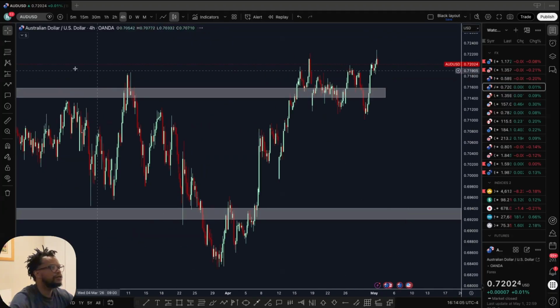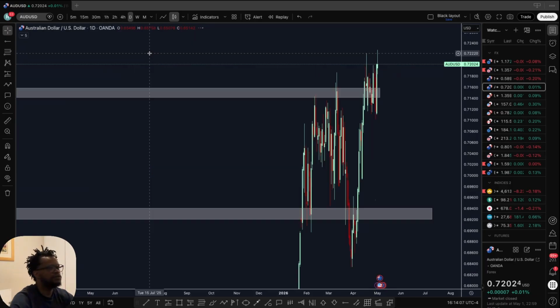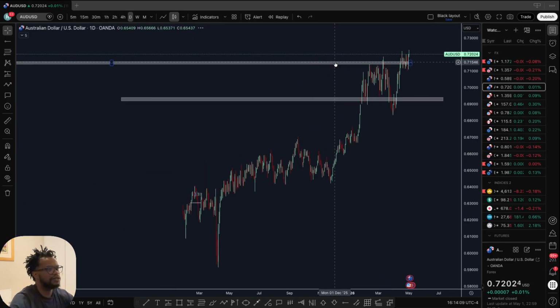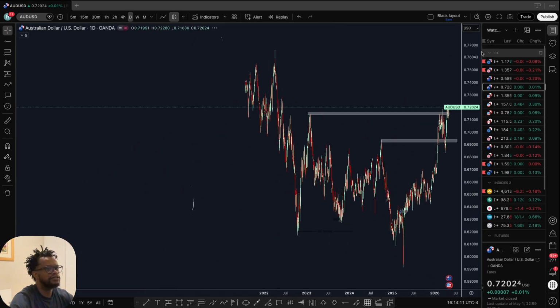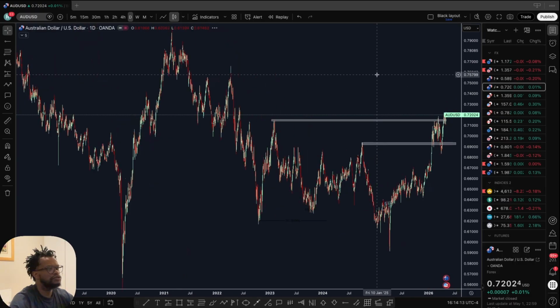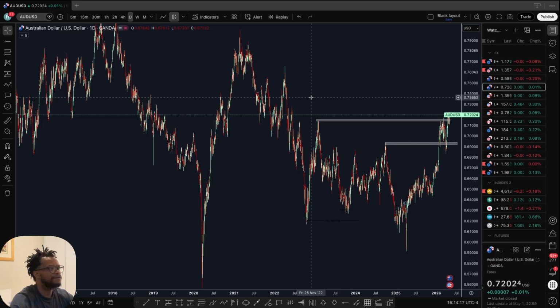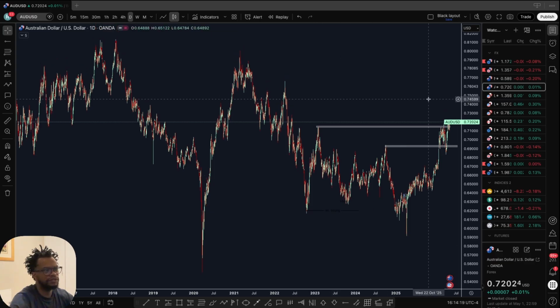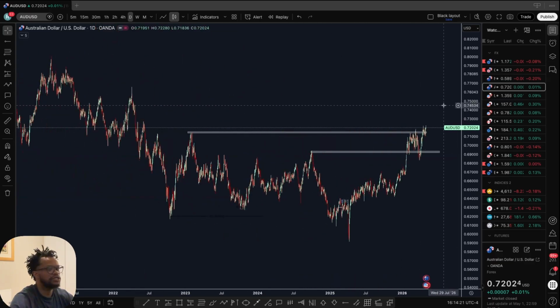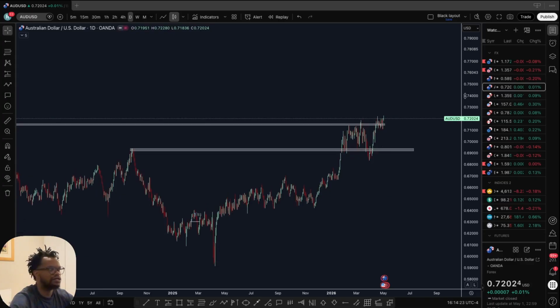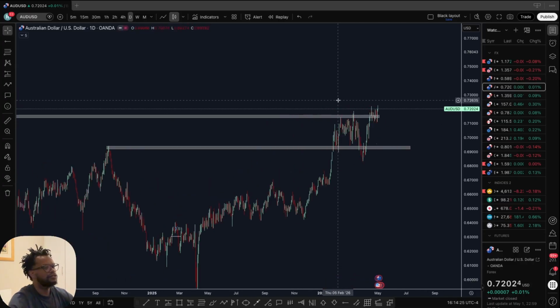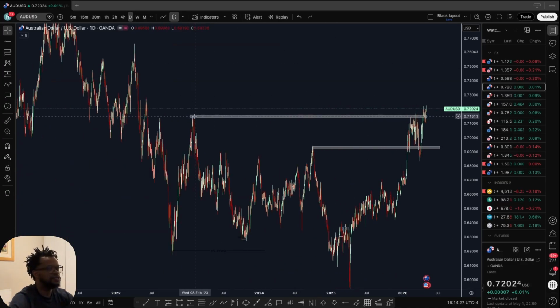With Aussie Dollar, obviously it's the strongest pair at the moment, but it's heading into a little bit too premium of a zone for me. But it's a pair that I don't want to sell because of how strong the Aussie Dollar is. So if I look here, this is our major turning point.